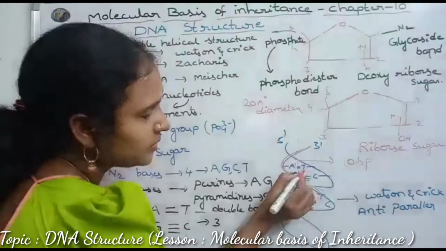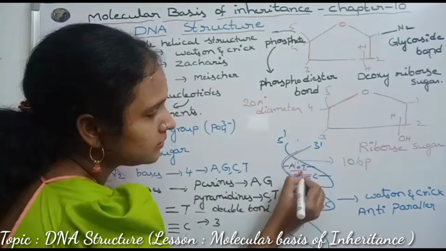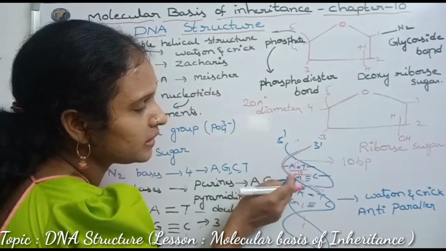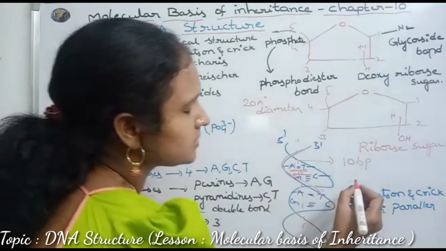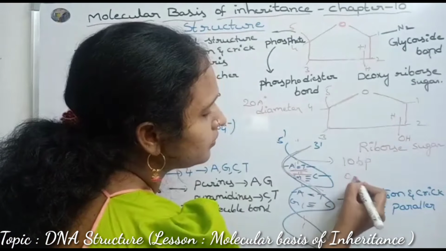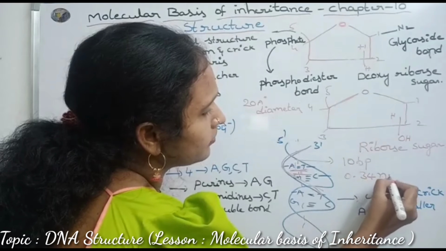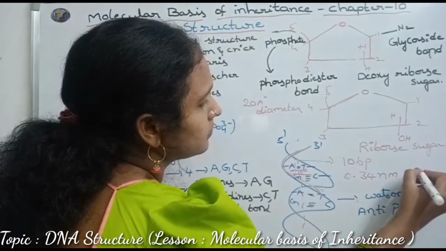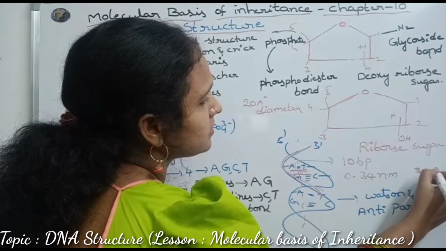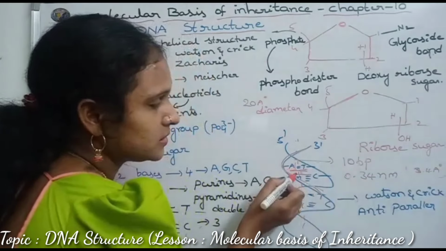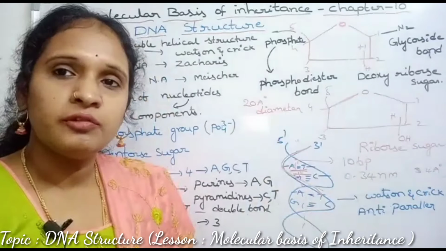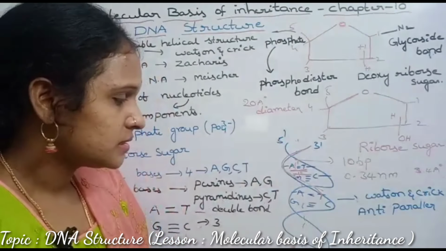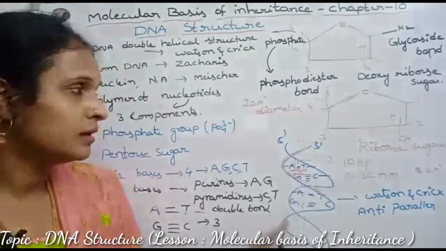The distance between two base pairs is 0.34 nm, or 3.4 angstrom. So the distance between the two base pairs is 0.34 nm. That is the structure of the DNA.